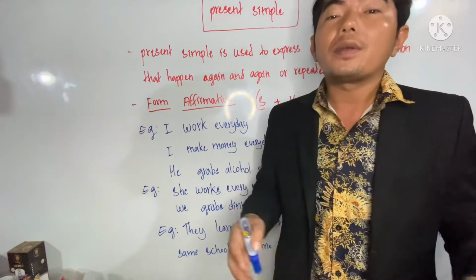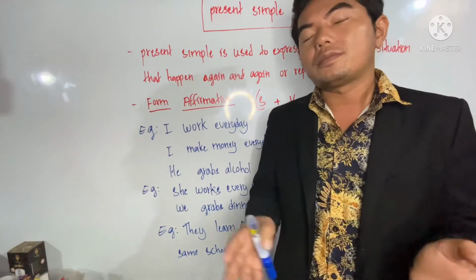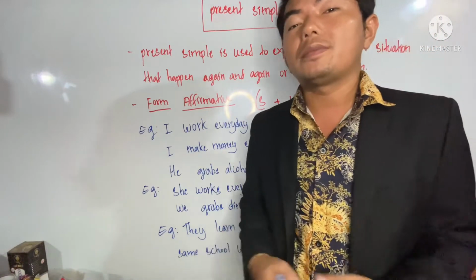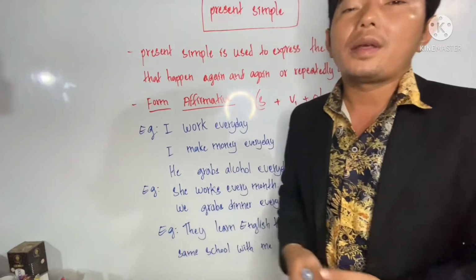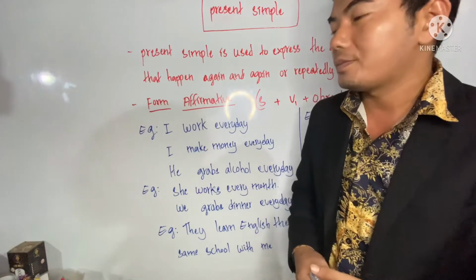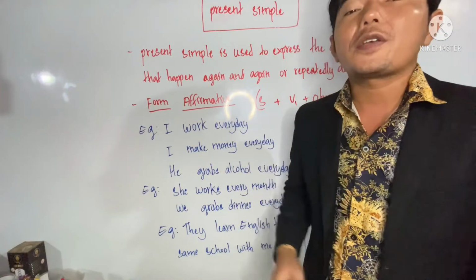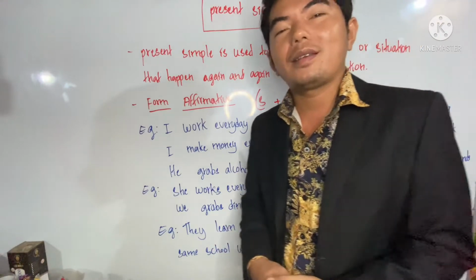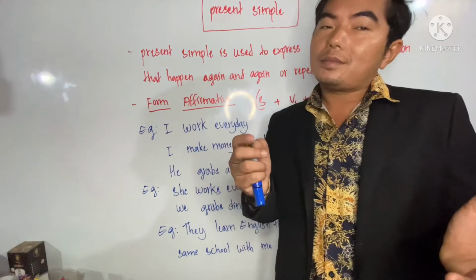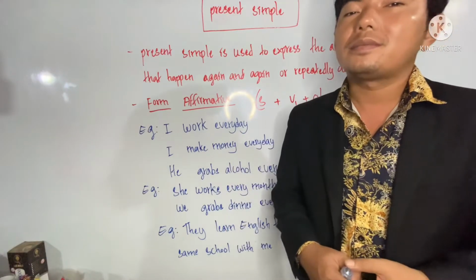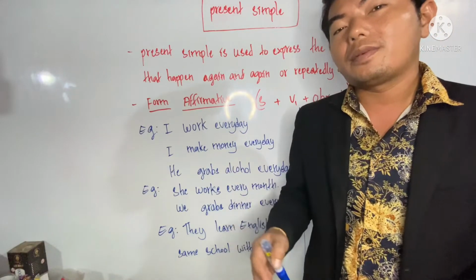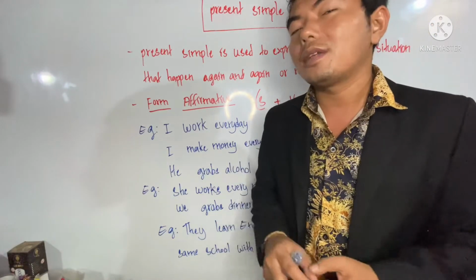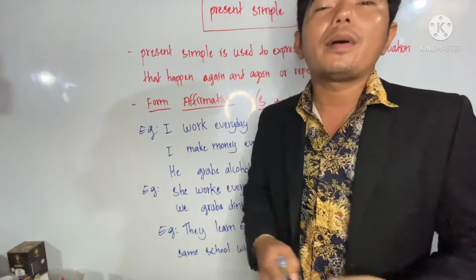But before we get into the new lesson, I'd like to remind you of the last lesson a little bit. What did you learn yesterday? You learned about someone, somebody, anyone, anybody, everyone, everybody.